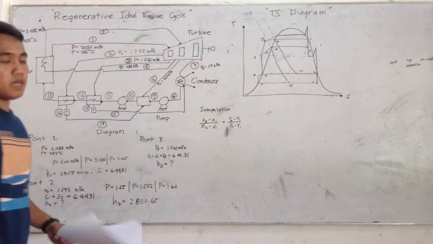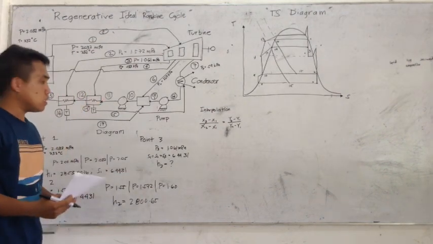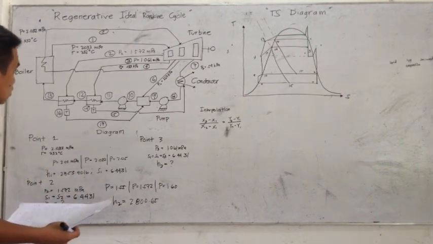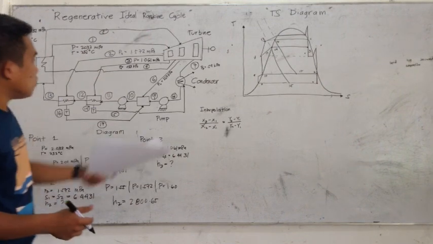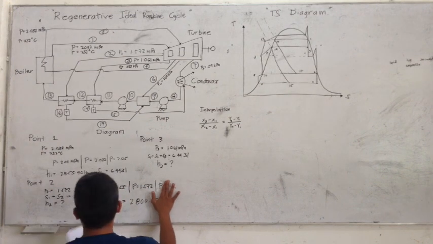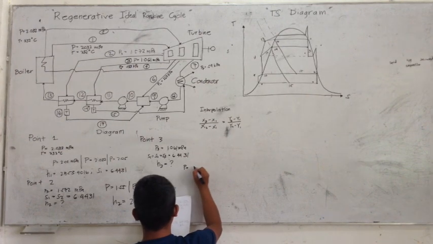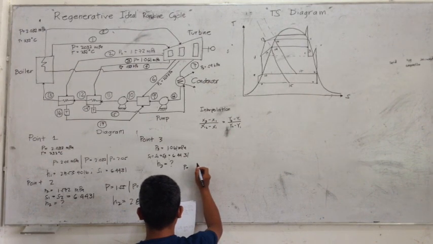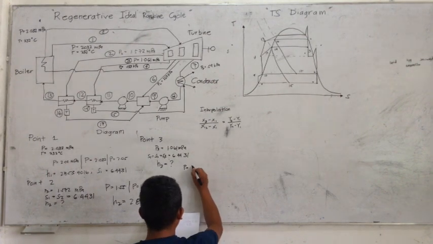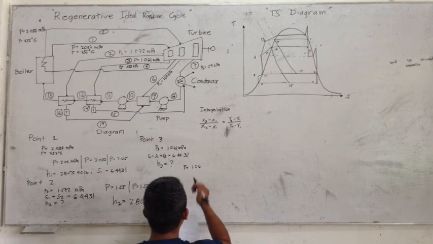So we go back into our steam table and search for 1.061. We could not find it there, so as usual we use interpolation, with P equal to 1.06 and 1.08.